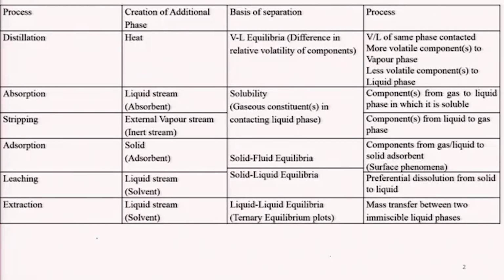So, therefore, the basic operations which we had discussed in the last class, and the operations which we will be discussing in much more detail in the subsequent classes, for example, distillation, absorption, adsorption, extraction, etc. All these operations are basically interphase mass transfer operations, where the second phase is either created by addition of energy, primarily in the form of heat, or maybe by pressure reduction, or by addition of a second phase.